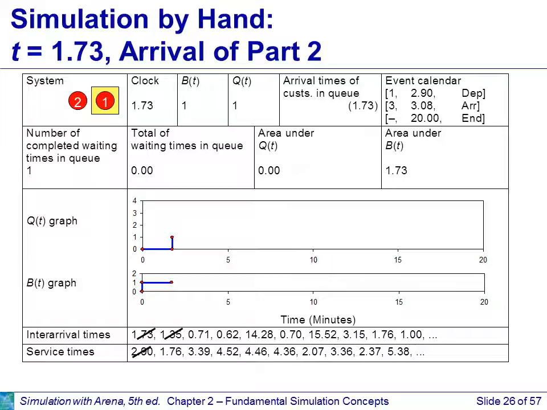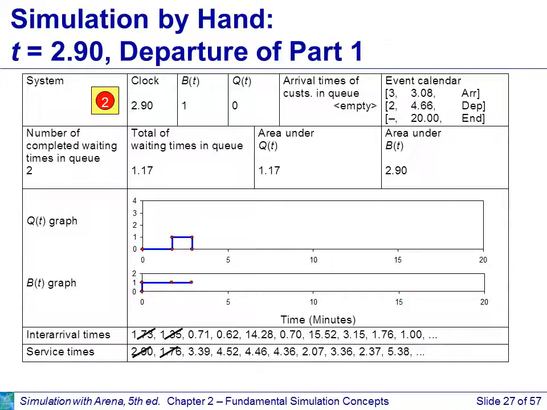Which is all the way until part 2 arrived, which is also the current time on our simulation clock. So we got the area under BT by simply multiplying this, which is 1, right, and this, which is 1.73. So that gives us the area.